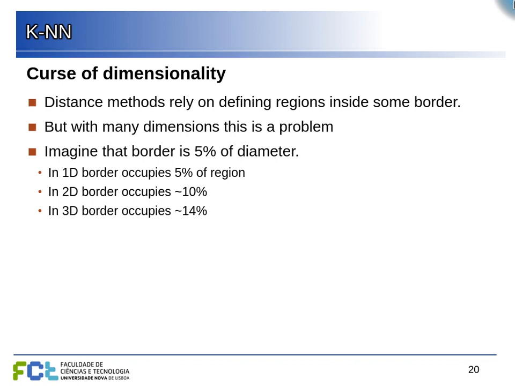One problem with these methods that are based on distance is this curse of dimensionality. Actually, it tends to be a problem in general when you go to very high dimensions, but these classifiers and these methods are especially susceptible to this.